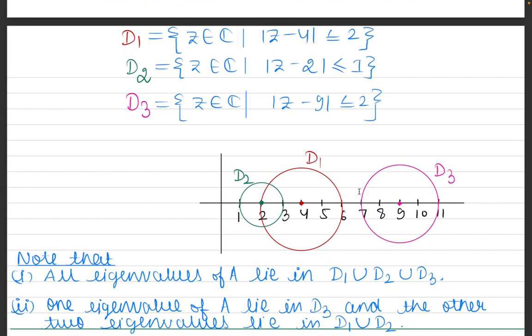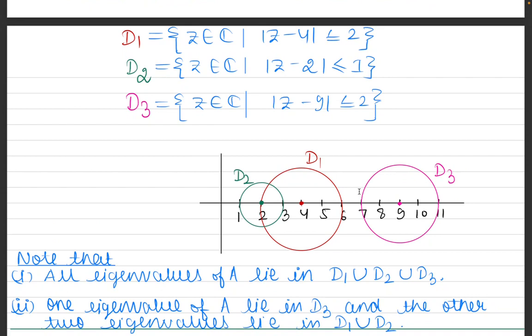So first disk is centered at 4 with radius 2. So this disk, right? Yes. This is the center. The second disk, Z minus 2, is centered at 2 with radius 1. Okay, so let us draw that disk.